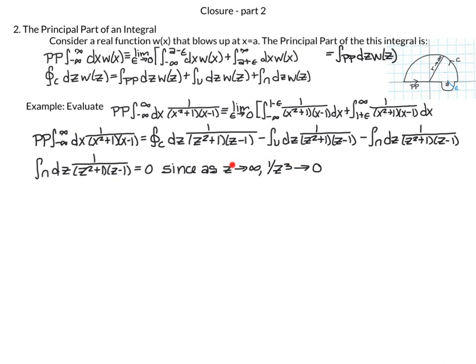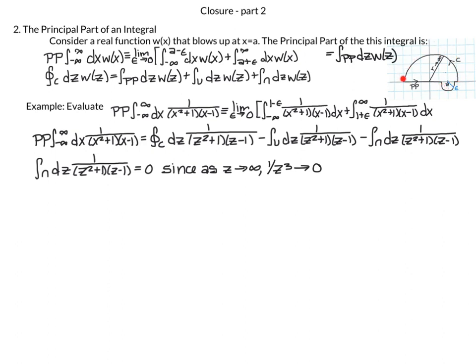And you could ask me, since all three of these parts have the same integrand, the same function, doesn't the 1 over z cubed still go to infinity? And I'll say no. Here, because you're integrating over a closed curve, you really do need to look at the residues. And over here, where you're going around the singularity, your circle is getting smaller, and so it's not going to infinity.